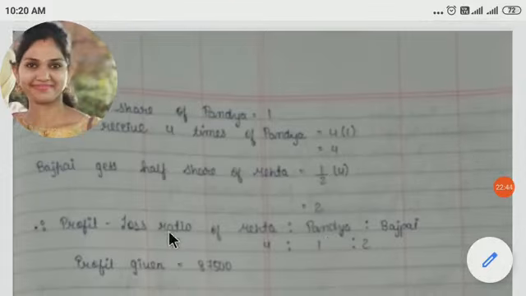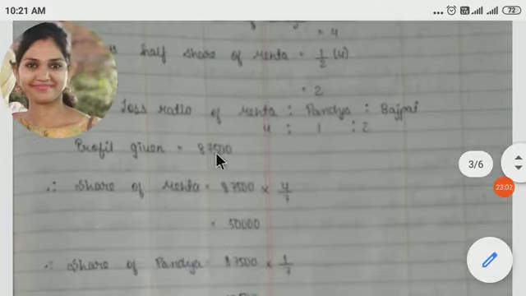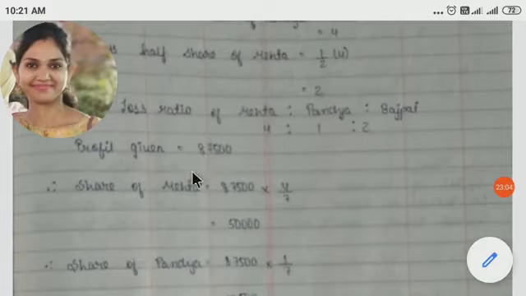Profit loss ratio of Mehta, Pandya and Bajpayee will be: Mehta's share 4, Pandya's share 1 and Bajpayee's share 2. So total is 4 plus 1 plus 2, that is 7. Profit given is 87,500. So distribute this profit into this ratio 4:1:2.